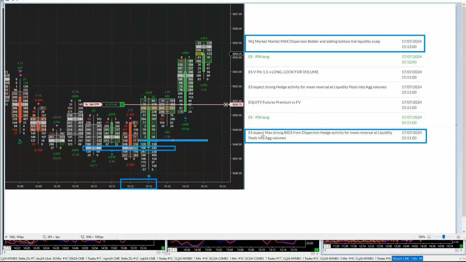There is expected to be a bidder coming in from dispersion hedge activity, right? There's a bidder expected. It's not that the bidder's been. We're expecting to see this on our time and sales. You get it, Simon? So if we're expecting to see a bidder on our time and sales at 15.11, we can look from 15.11 onwards and look for the bidder. Well, there they are, right there.